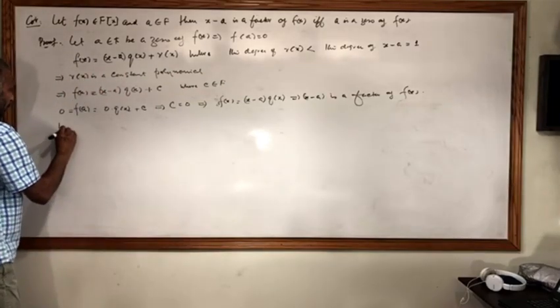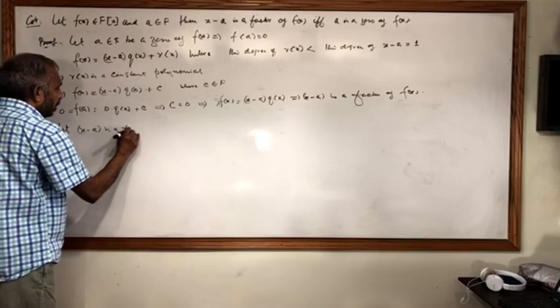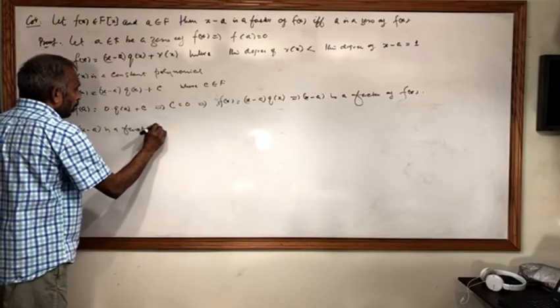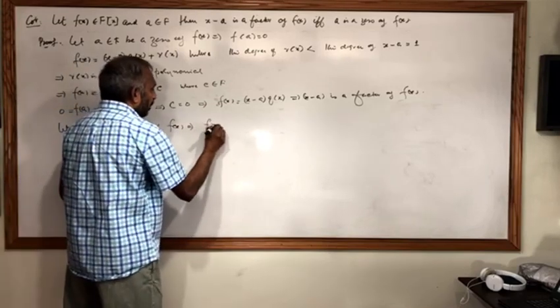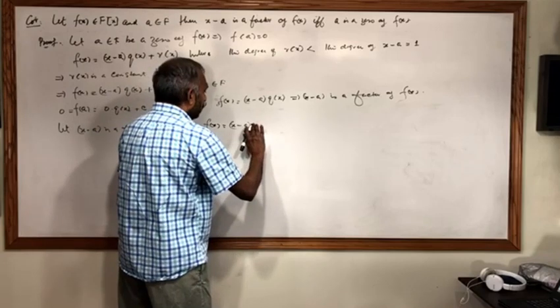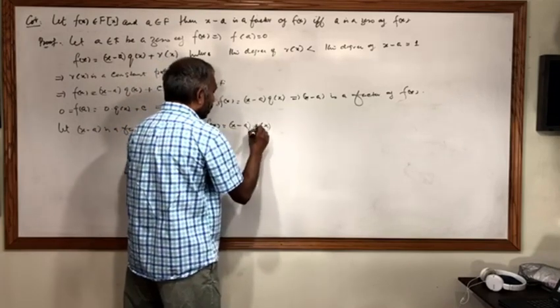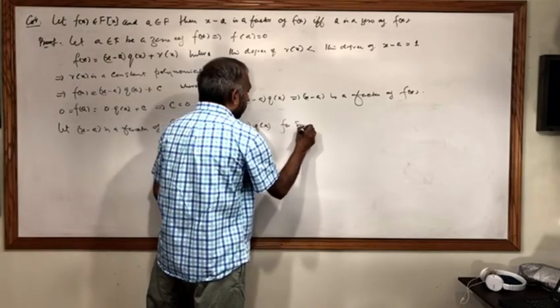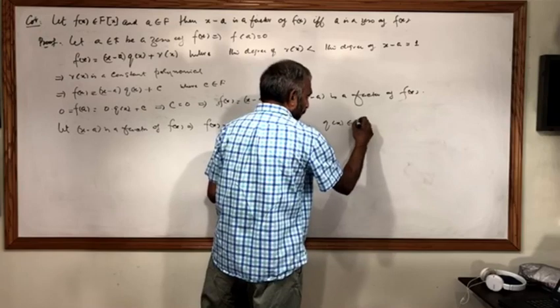Now let x minus a be a factor of f of x, and that implies f of x is equal to x minus a times g of x or q of x for some q of x in F of x.